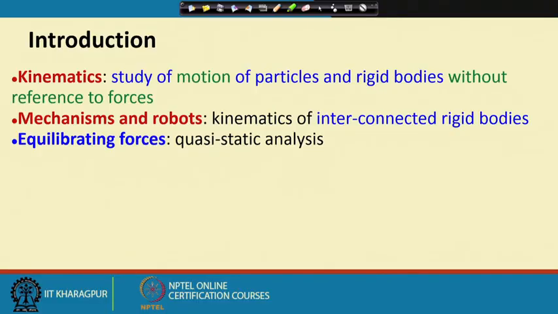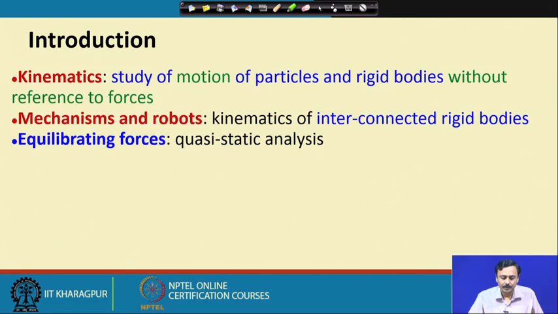So, if I need to produce a certain force, what should be the forces in my muscles is what we are going to look into. Now, these are not dynamic forces, these are forces which produce equilibrium or which produce a certain force at the end effector, some specified or required force at the end effector. So, these are equilibrating forces, and for that we are going to study quasi-static analysis to find out these forces.